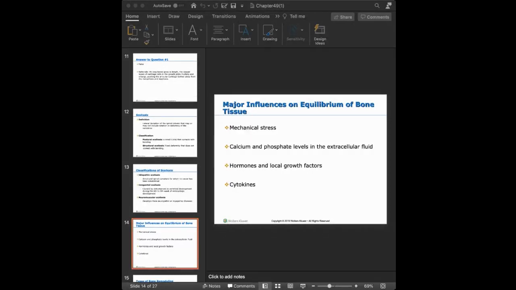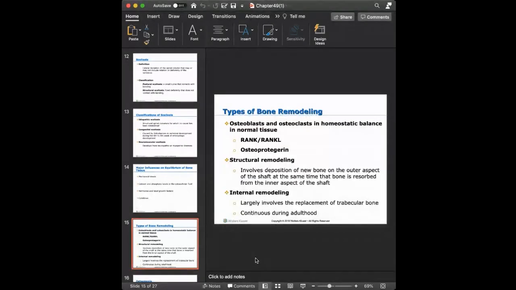And then the things that affect bone health can also affect its equilibrium. So the uptake of calcium and phosphorus, we talked about that with electrolytes, how calcium and phosphorus are necessary for bone metabolism and bone growth. Hormones and human growth hormone and other hormones that help with bone growth, as well as cytokines that are necessary for healthy bones as well.